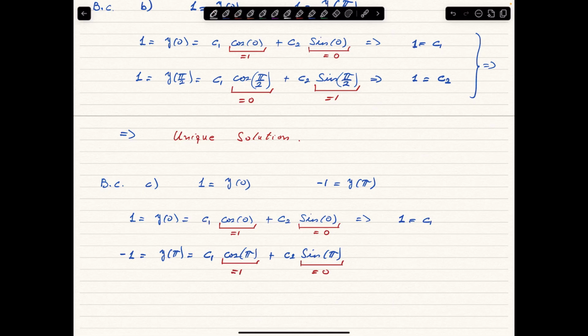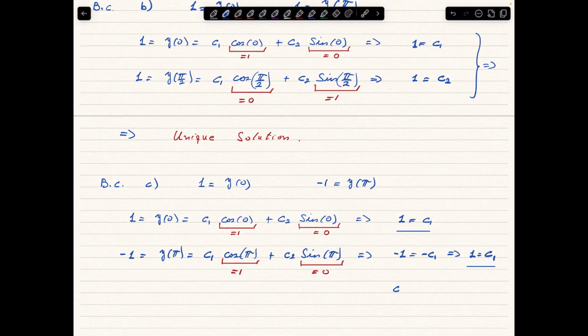So this equation implies that -1 is equal to negative C1, or what is the same, 1 is equal to C1. So we obtain exactly the same equation as from the other boundary condition. Both boundary conditions give you the same value for the constant and nothing for the other constant.